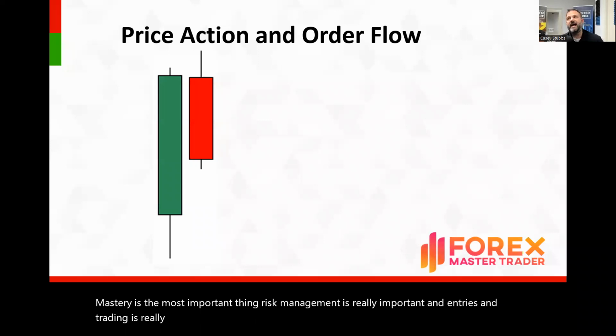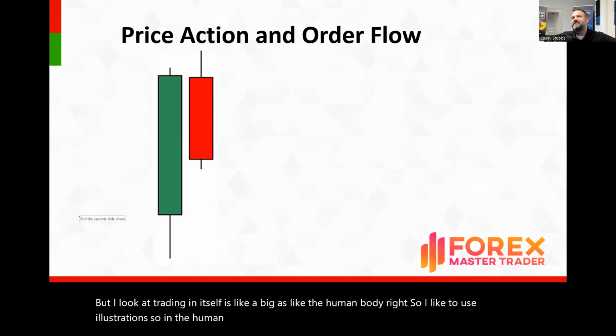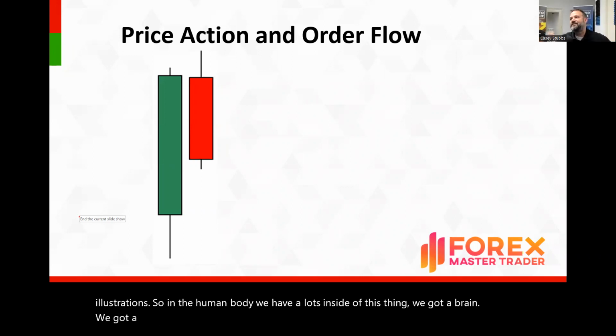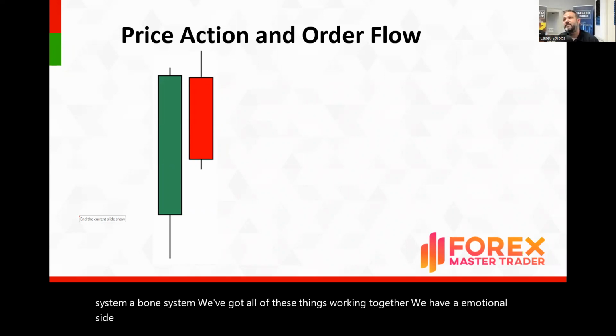But I look at trading like the human body. I like to use illustrations. In the human body, we have lots inside of this thing. We got a brain, we got a heart, a spinal system, a nervous system, a vascular system, a bone system. We've got all of these things working together. We have an emotional side of things, a mental side.